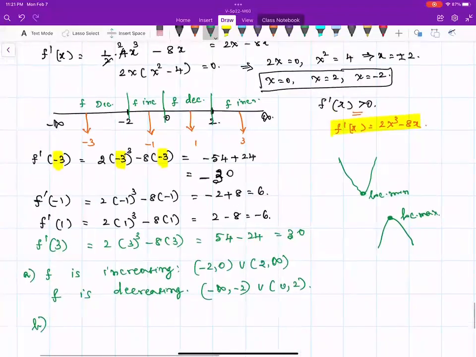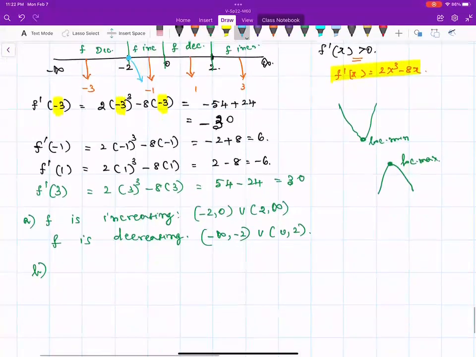So here we notice that from -infinity to -2, the function is decreasing, and then from -2 to 0, it is increasing. So you notice that at this point, -2, there is a local minimum.